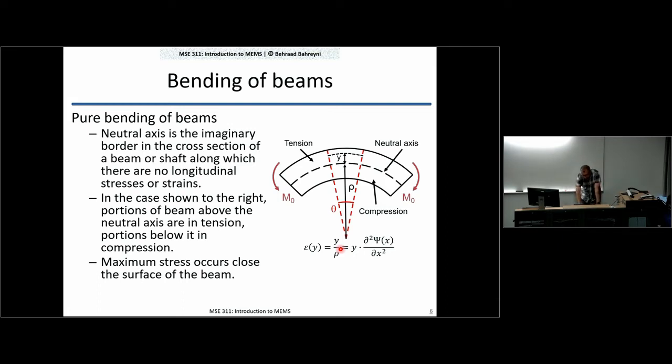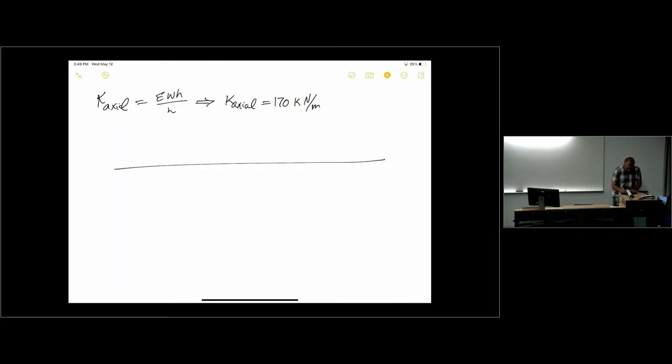So if psi of x is, let me maybe draw it here. Let's say this is the original location of the neutral axis, and the beam has deflected because of some external load to this.